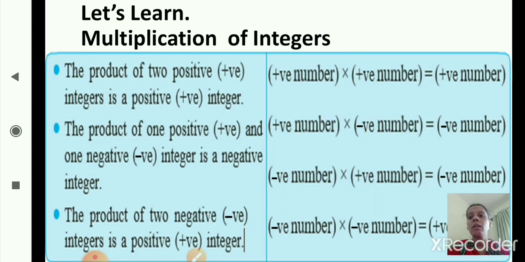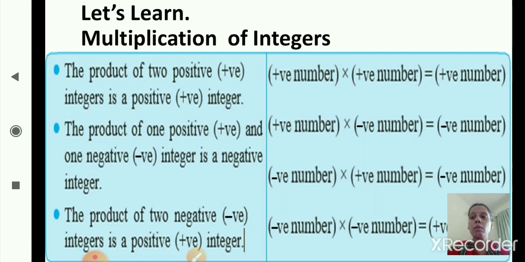Or: the product of one positive and one negative integer is a negative integer. State true or false. So if the statement is correct, then you will click on true, and if the statement is wrong, then you will click on false. So you will learn these rules, as questions like fill in the blanks and true or false can come from the multiplication of integers rules.